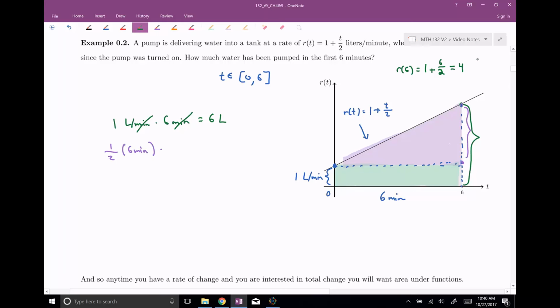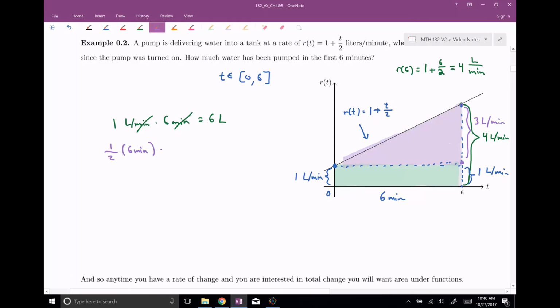Again, this is spitting out liters per minute. So that's 4 liters per minute is the overall height. But remember, I want the height of just the triangular bit. We have to subtract away this 1 liter per minute down here. And so the height of this purple triangle is 3 liters per minute.